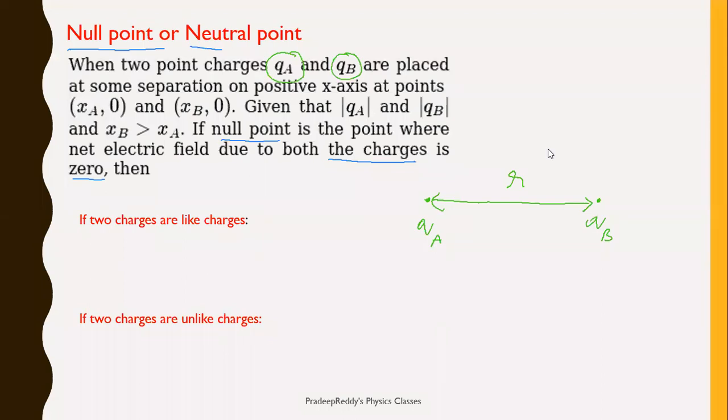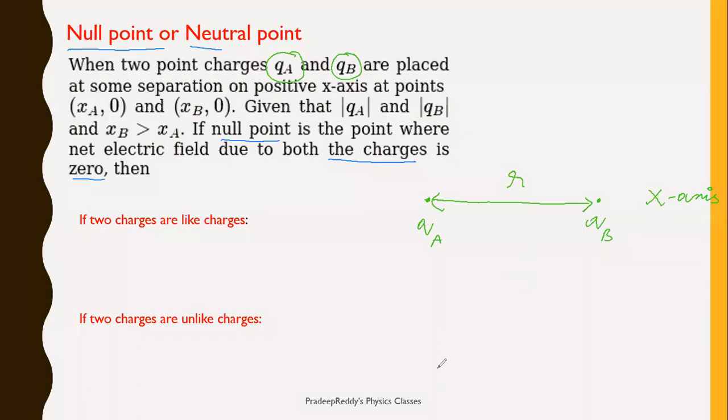Let me take it as R. And here we are placing this along x-axis. This is x-axis. These two charges are exactly lying on x-axis, and we have QA and QB whose magnitudes of the two charges. Now I want to locate a neutral point between these two charges.